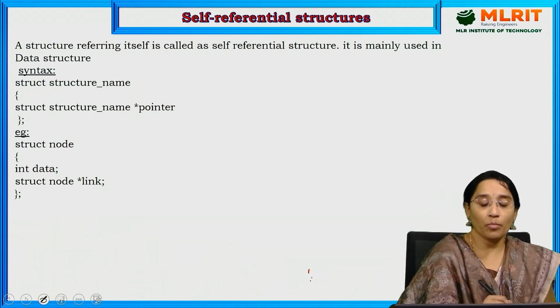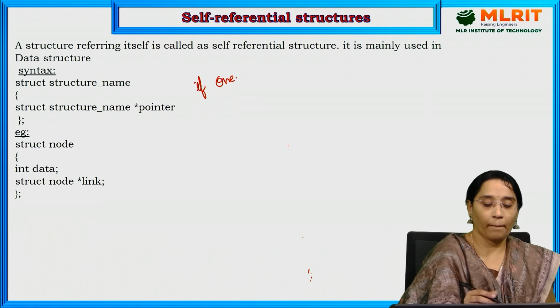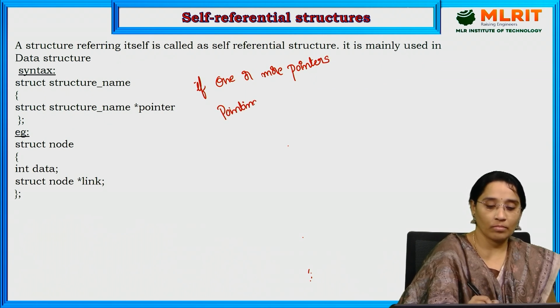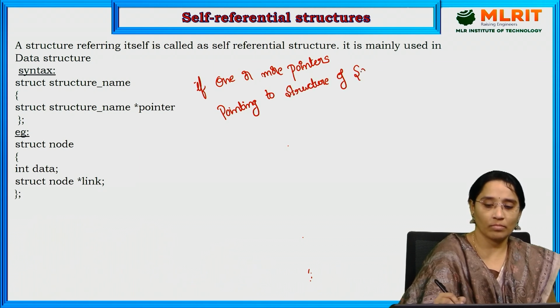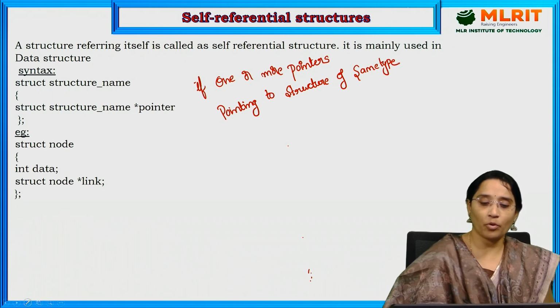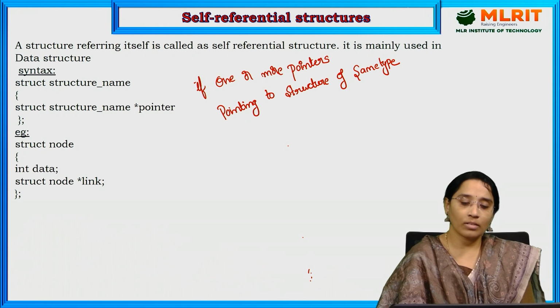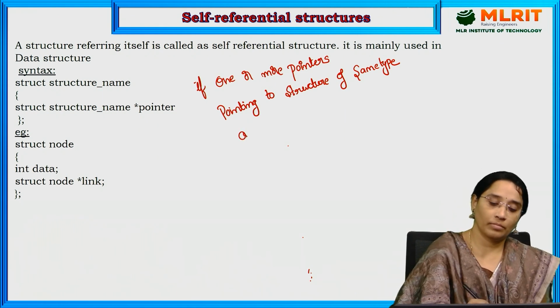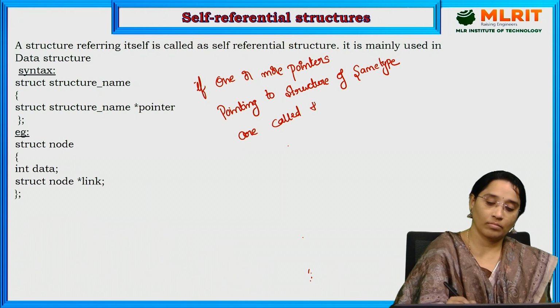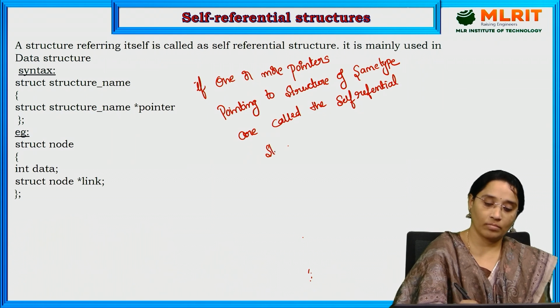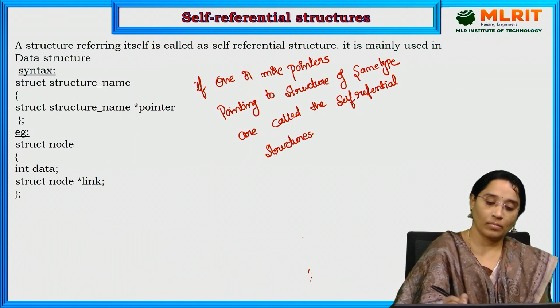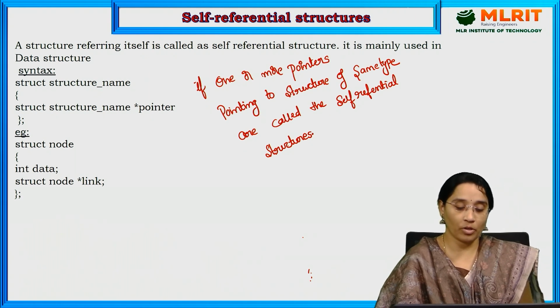That means if one or more pointers pointing to the structure of same type are called self-referential structures.